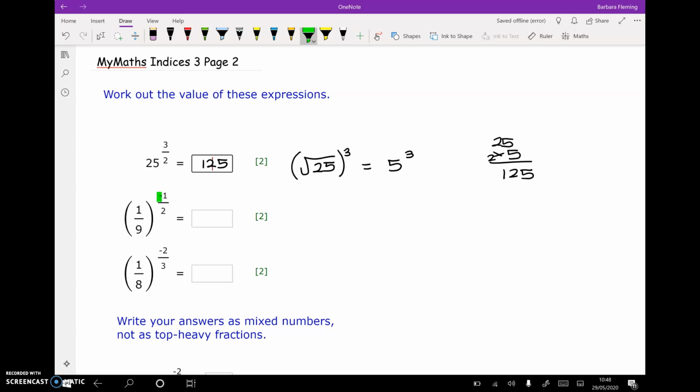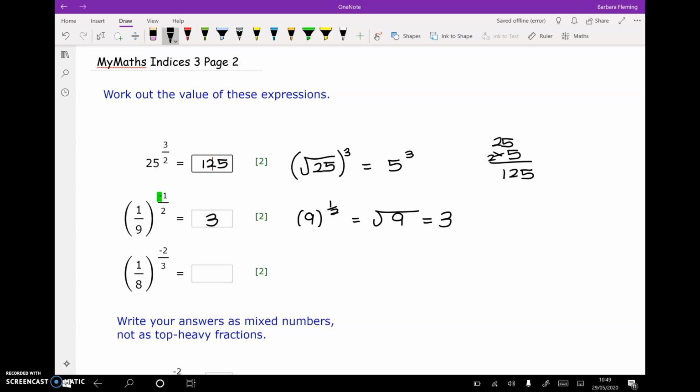So 1/9, if we deal with that negative, that is the same as 9 to the power of a half. So what the negative did was flip it upside down. So it was 9 over 1, which is the same as 9. And then 9 to the power of a half is the same as the square root of 9, and the square root of 9 is 3.